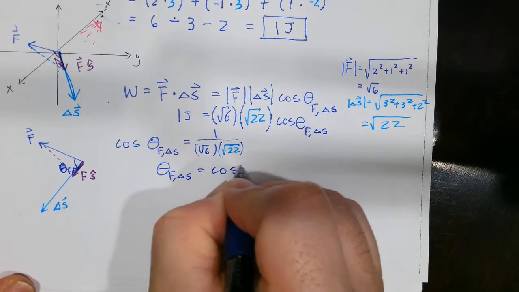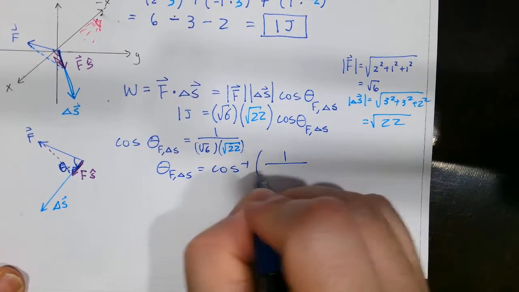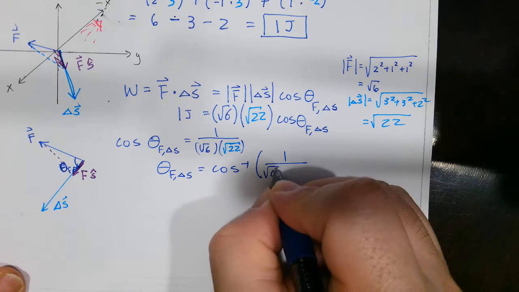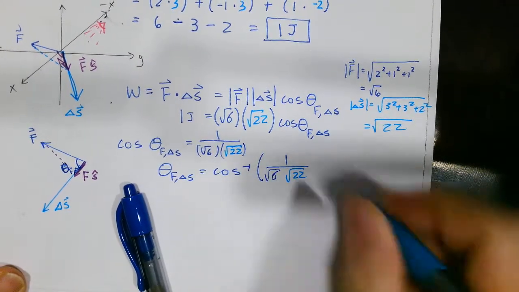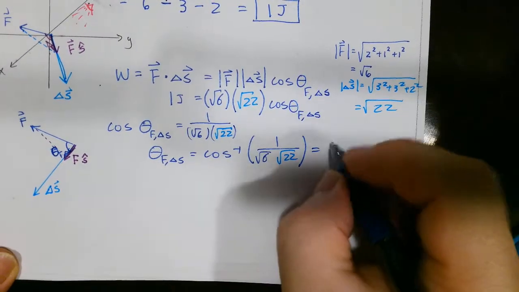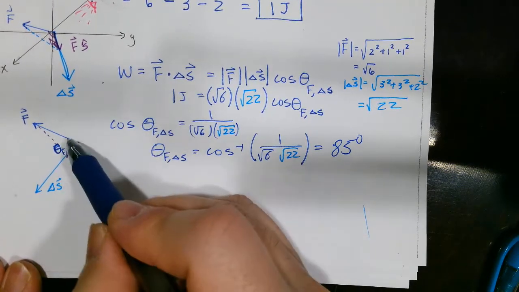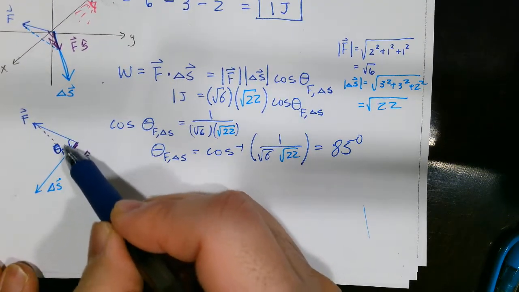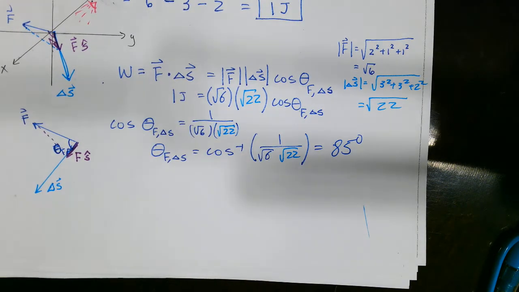That is cosine inverse of all this mess, okay? And that, if you work it out, comes out to be 85 degrees. So the angle between the force and delta S in its planar view is 85 degrees.